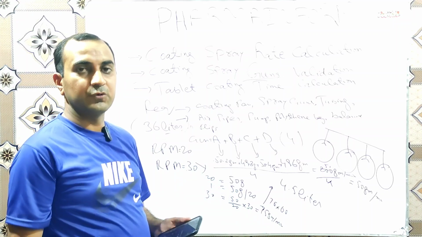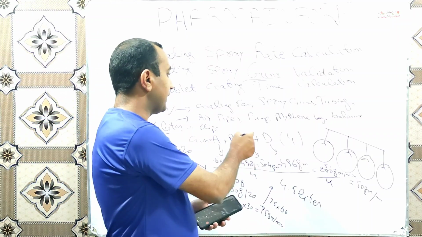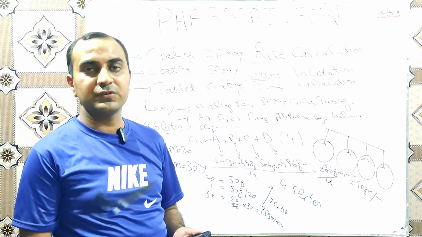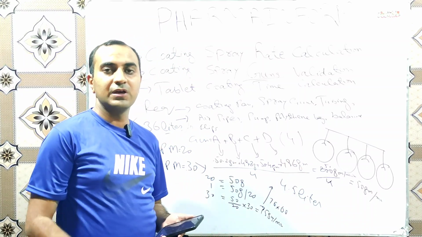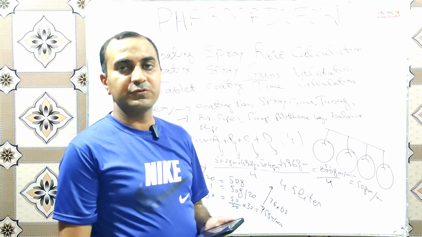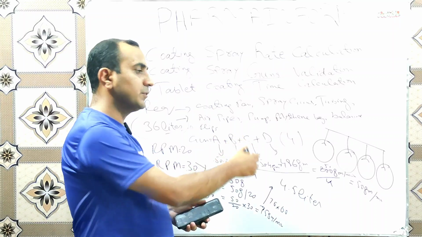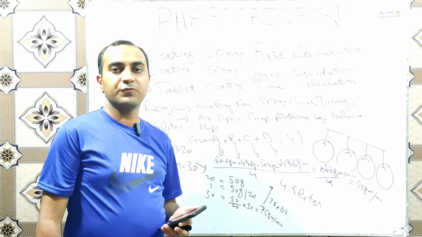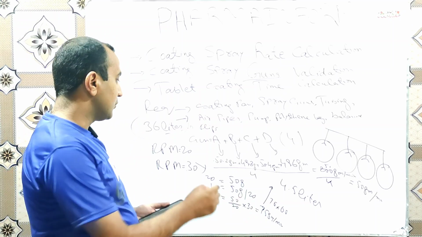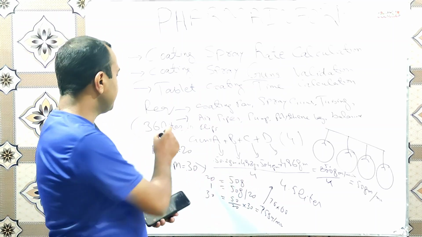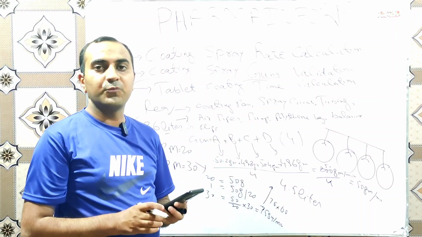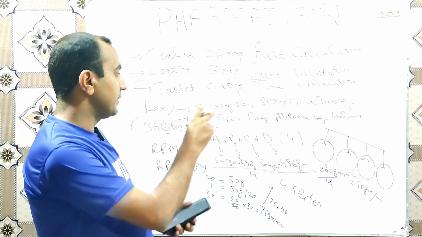The time and these values may differ on the basis of the coating suspension or coating solution used. Different coating formulations have different viscosities, so you will have to validate your coating suspension of each batch to calculate these values. So we have 36 liters, and as we already calculated, in 1 hour 4.5 liters of coating solution is sprayed.